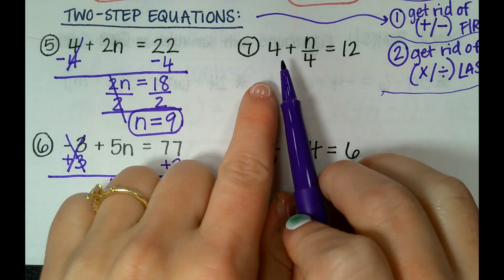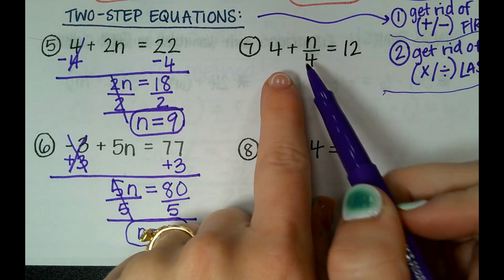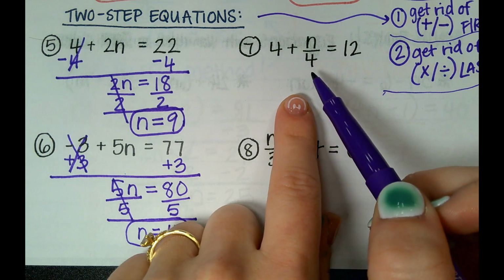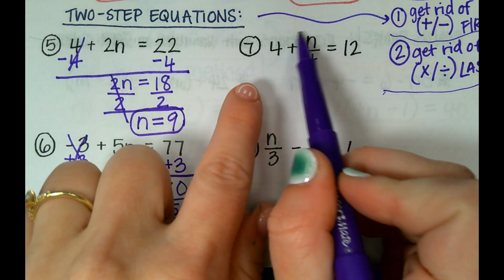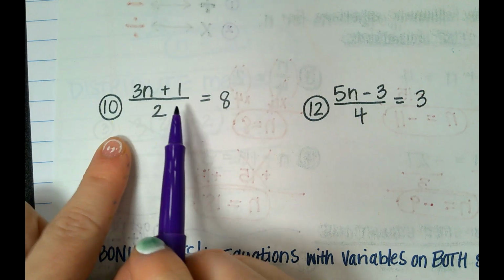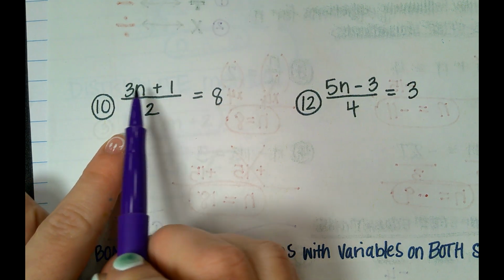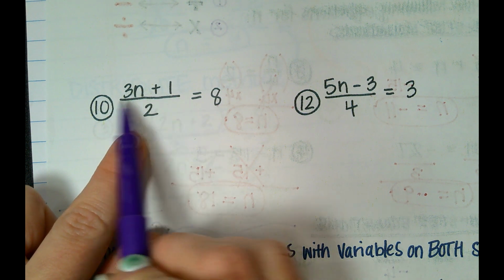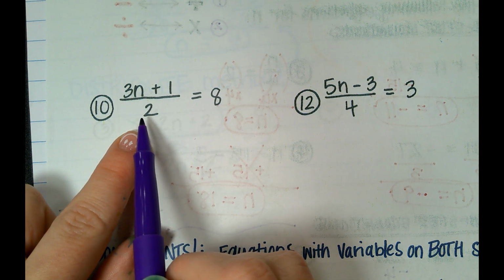Anyway, whenever we are in this section here, there is an n divided by 4. This is a fraction, but this is not like on the back side where we have, for example, number 10. You see how on number 10, the whole other side of the equation is a fraction?